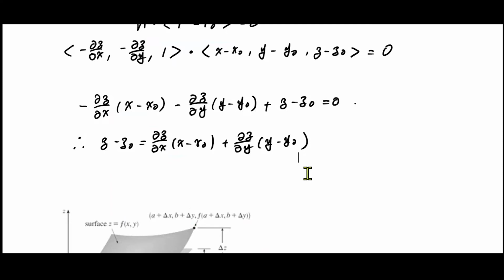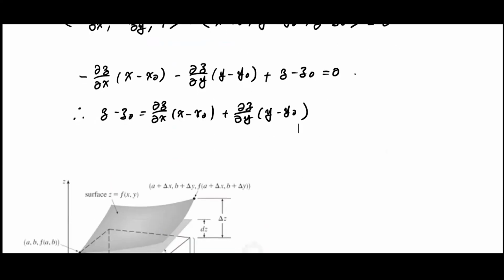And also the differential, we'll call it delta z or delta f, which is same as delta z. Now that's approximately equal to dz, just like before.